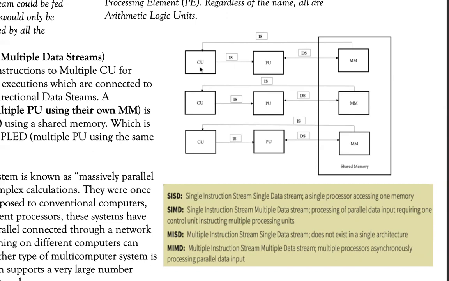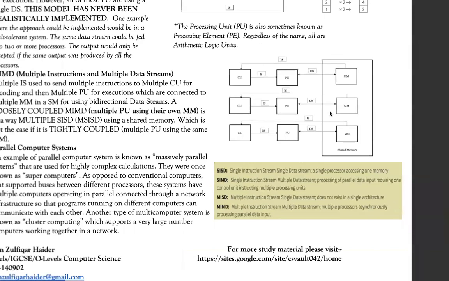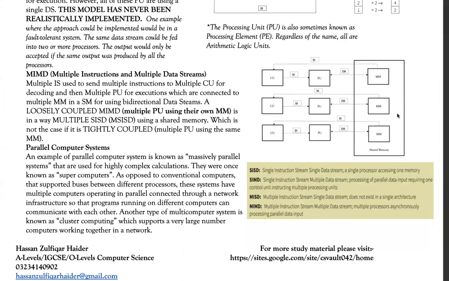Now, for example, if I am relying on shared memory, or if I'm relying on different memory modules, like I'm doing right here, this is known as a loosely coupled MIMD, as each MIMD has its own memory.